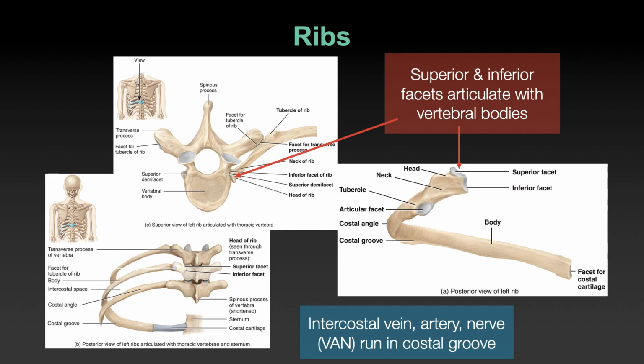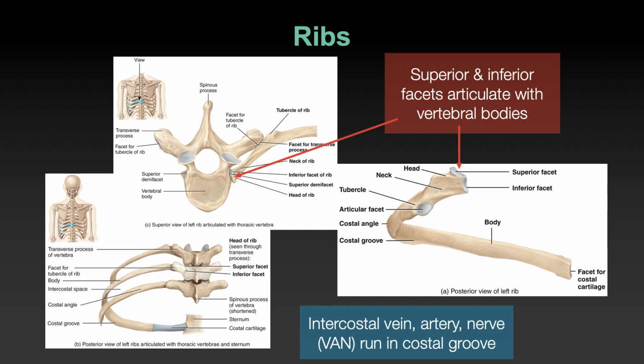The intercostal vein, the intercostal artery, the intercostal nerve. And they come in a bundle of three, and there are many different intercostal arteries, intercostal veins, intercostal nerves. At the lower border of each rib, that triad runs within those costal grooves.